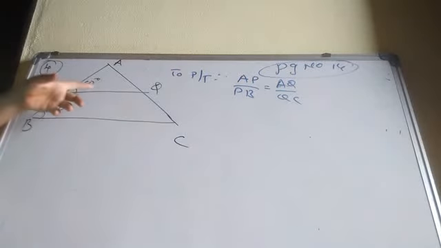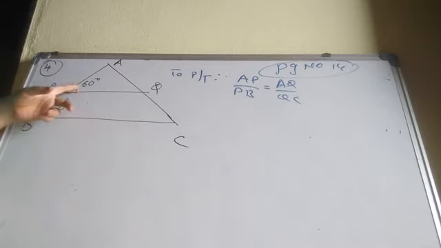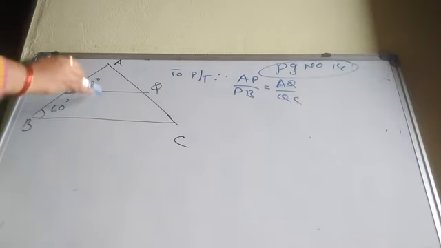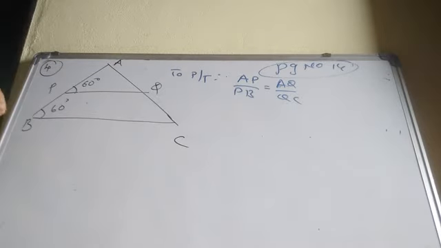That means this line should be parallel. To prove that, the angles are given. They have not mentioned that these two lines are parallel. First, we have to prove that these two lines are parallel. So here, from the figure, triangle ABC.